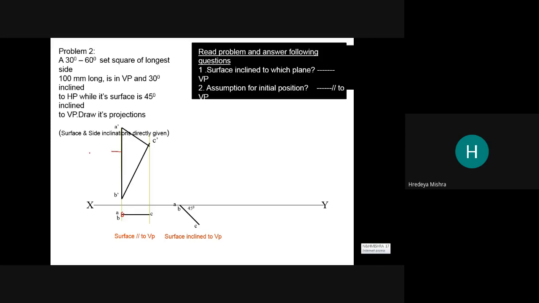Because this side is 100, and you have the angle here. This is 60 degree, that is given. This is 60 degree and this is 30 degree. Anyone can tell how you get the dimension of AC and BC?